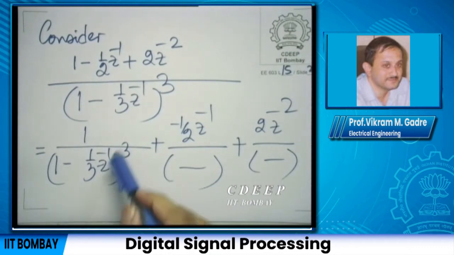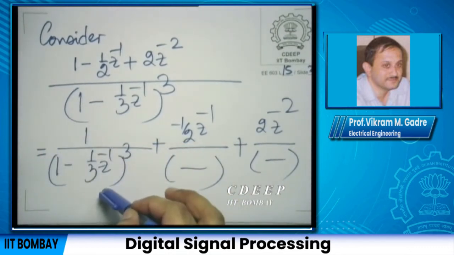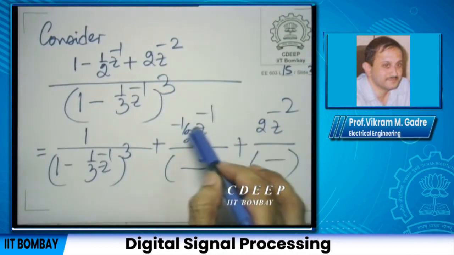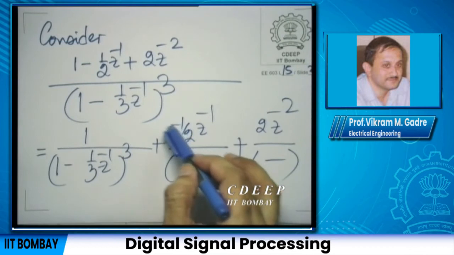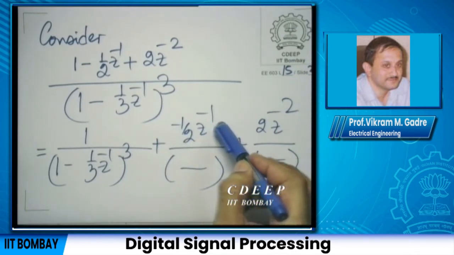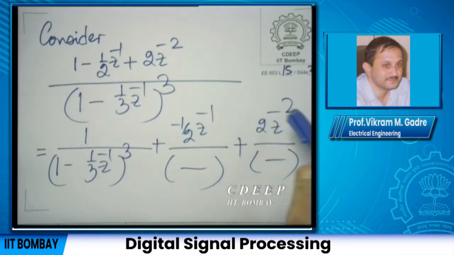And if you know the inverse z transform for this with the given region of convergence, you know it for this as well. All that you do is multiply that inverse z transform by minus half and then delay it by one step. You know it for this too, multiply that inverse z transform by 2 and delay it by 2 steps.